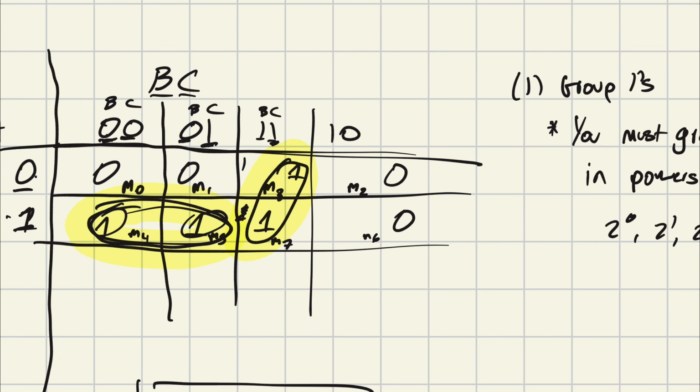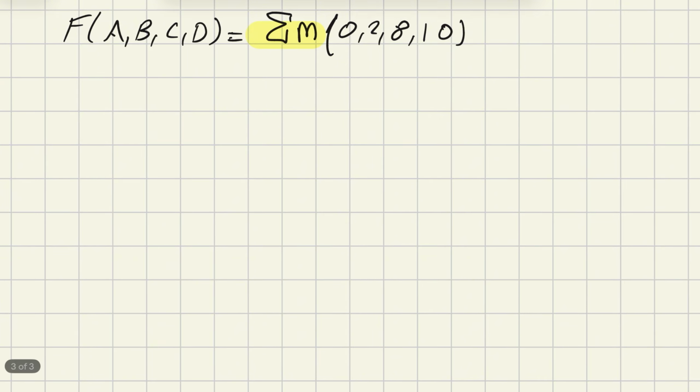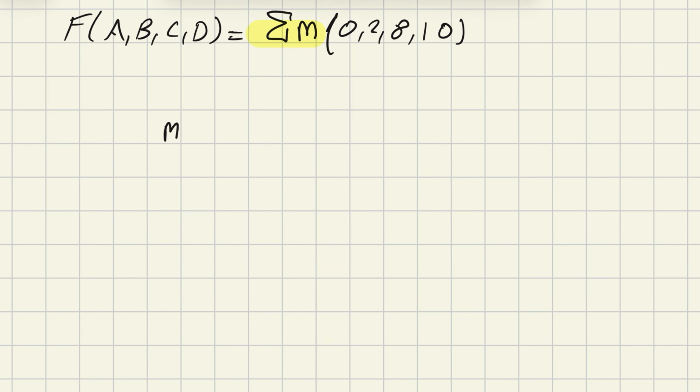Moving forward, we can consider another K-map. This time, it's going to be a 4 variable K-map. It's made out of the variables A, B, C, and D, and is given by the notation sigma m, which essentially means the sum of minterms 0, 2, 8, and 10. As we previously saw, these values of minterms are logic 1s in our K-map. So we can essentially say that minterms 0, 2, 8, and 10 would correlate to what value in binary in our K-map, since we know there are logic 1s here.